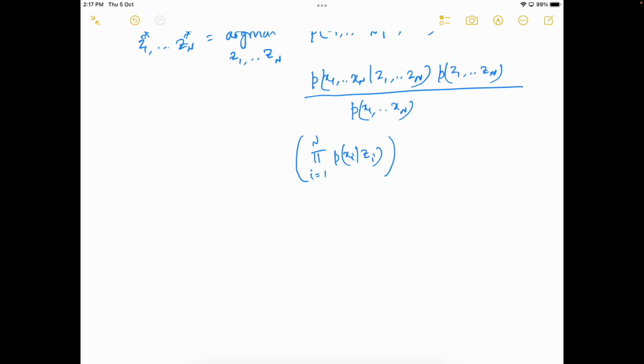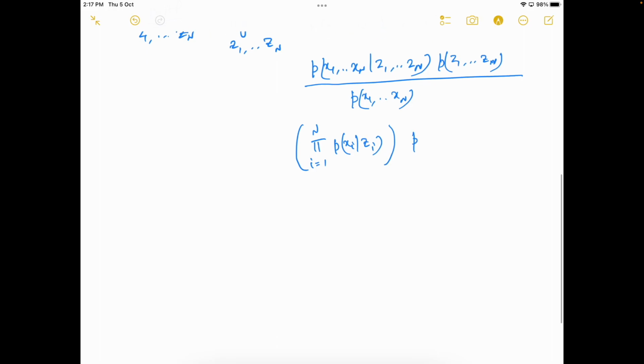The transition probabilities, right? So this is P of z1, the initial probability, into P of zi given zi minus 1, i goes from 2 to n.